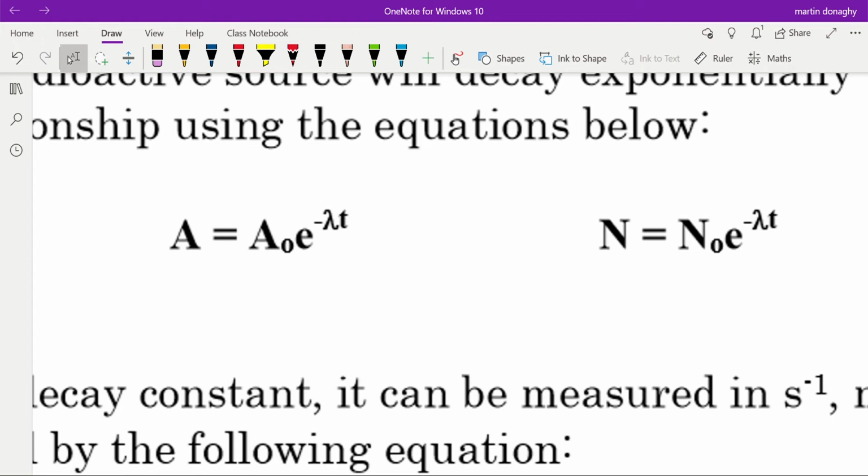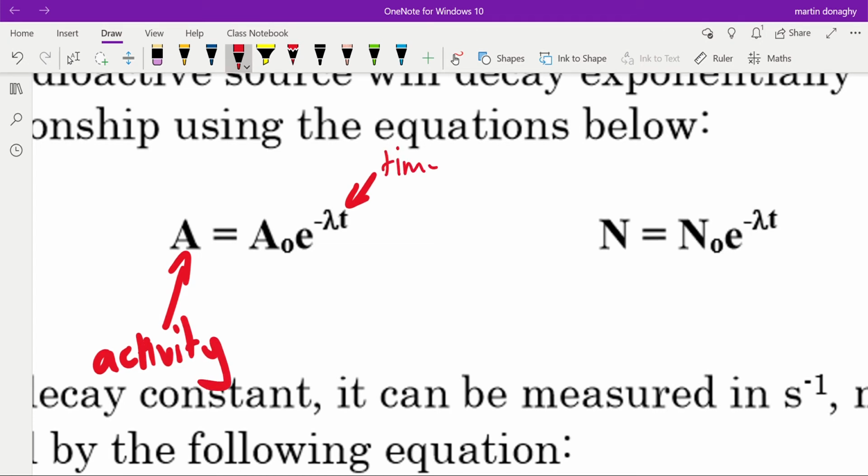So the activity at some time t is related to, well, I'll just write this all on. This is the activity at this time.